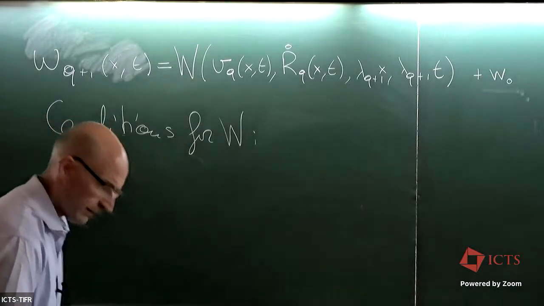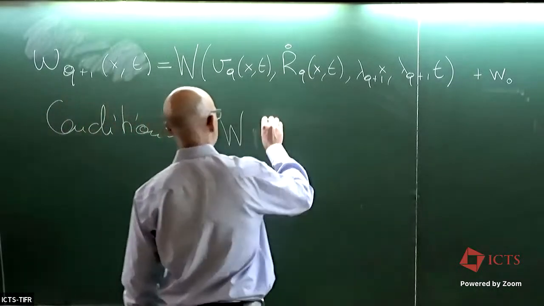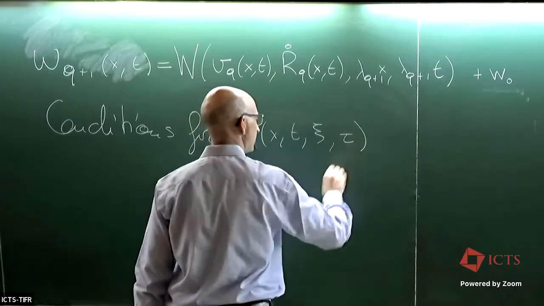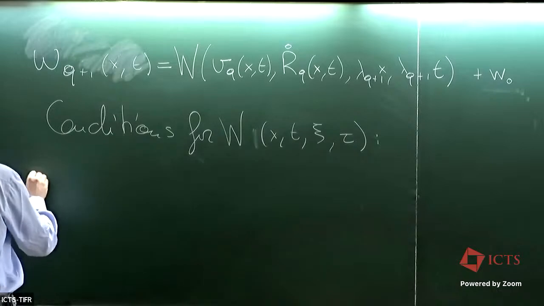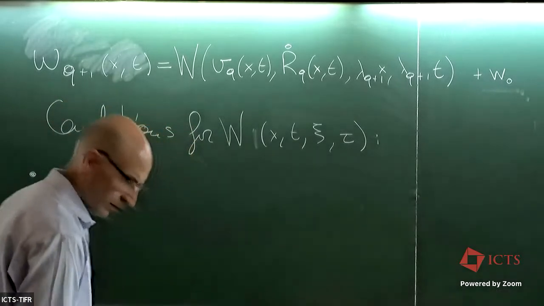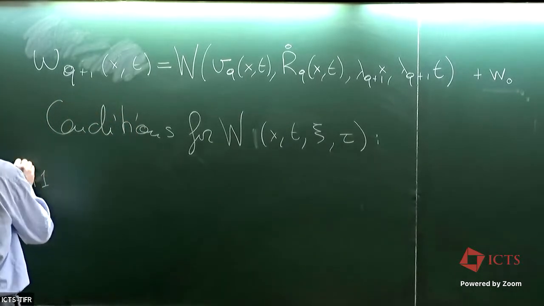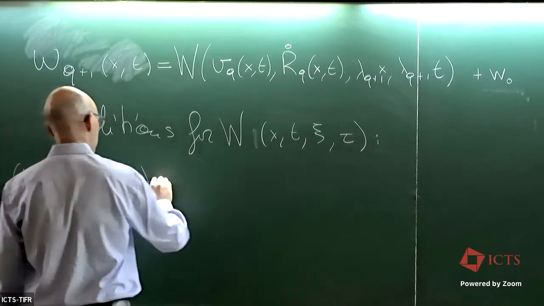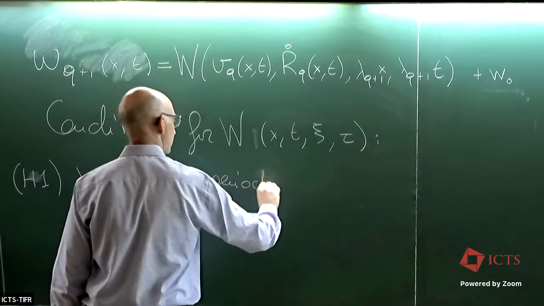So this is a function w of x and t, psi and tau. Okay? So we want, let me call it hypothesis 1, we want w to be 2 pi periodic in psi.